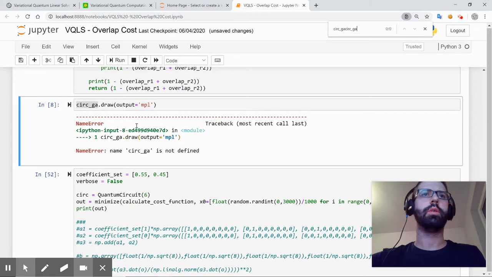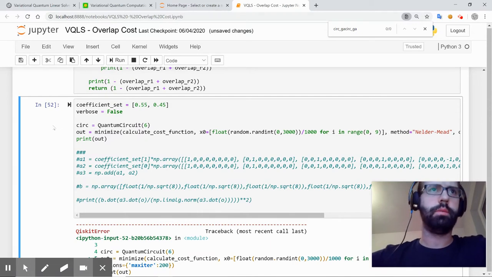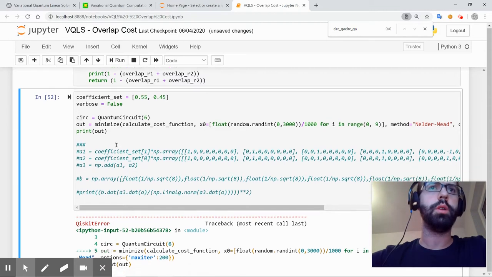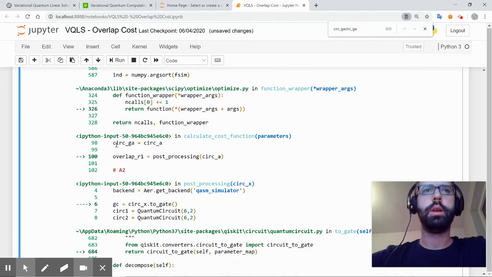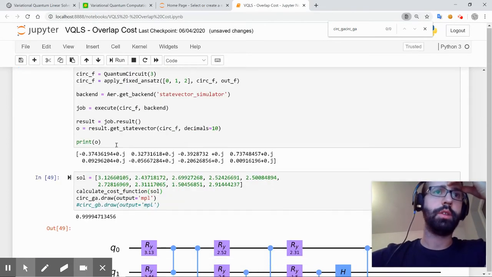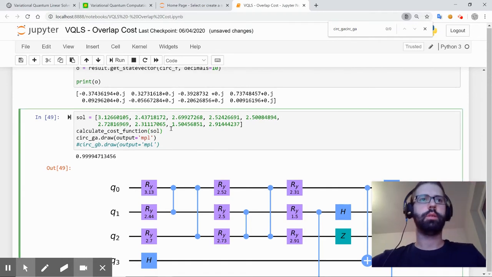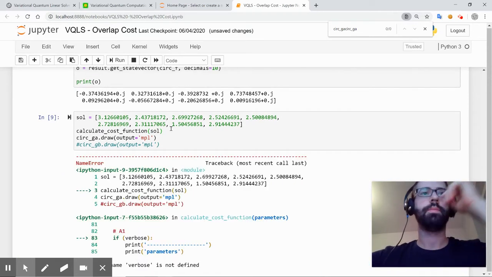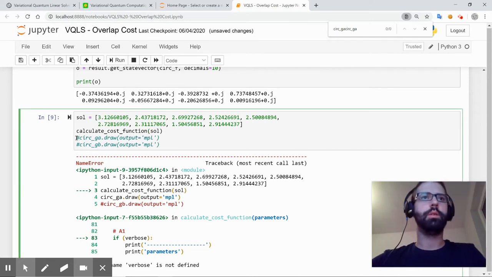Oh yeah, okay, because I think I have to remove this cell, edit, delete cells. This only is there if I've executed the actual minimization, but we're not. So I'm not going to execute the minimization or the optimization here. Okay, I don't care about the circuit right now.